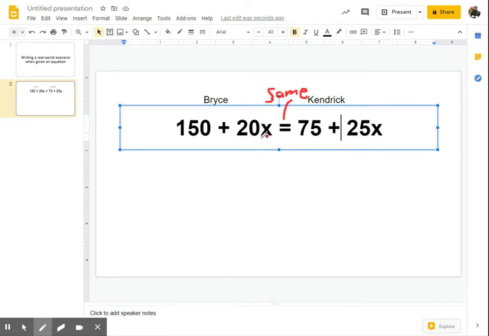So some key words that you're going to see are per, P-E-R, or each. Those are keywords that tell us that we're multiplying. So again, if I see that word per or each.